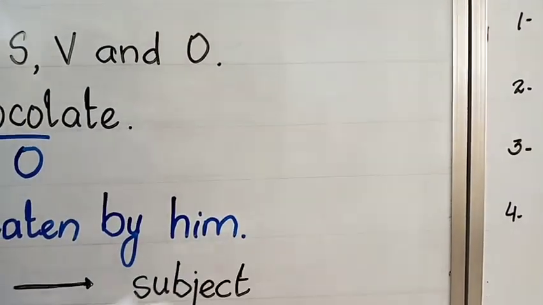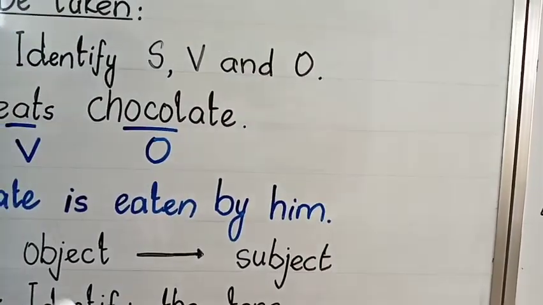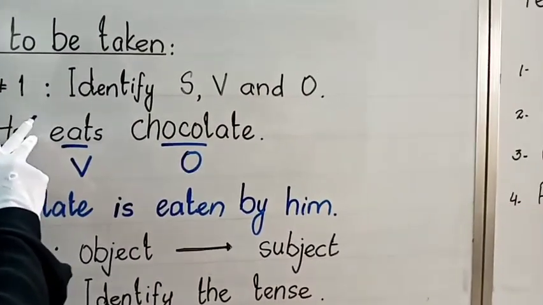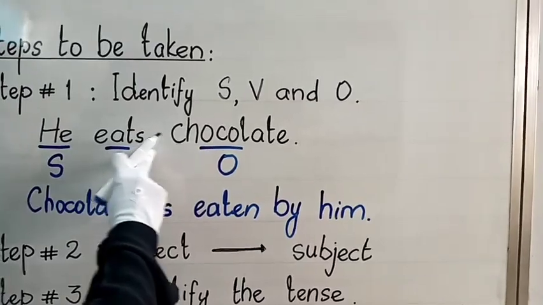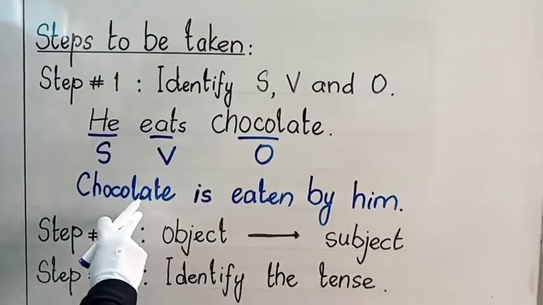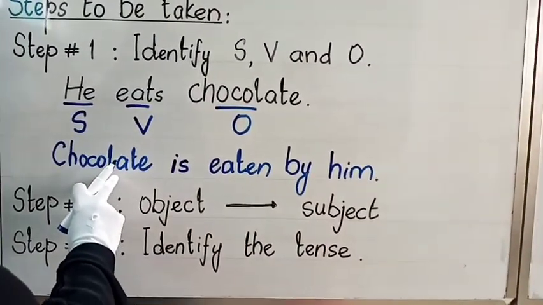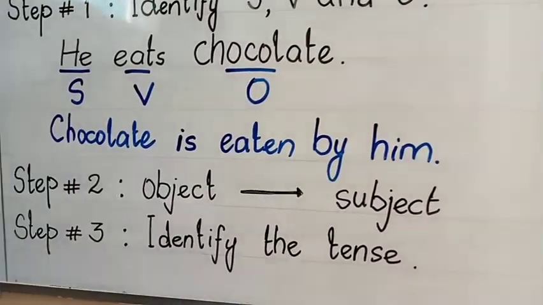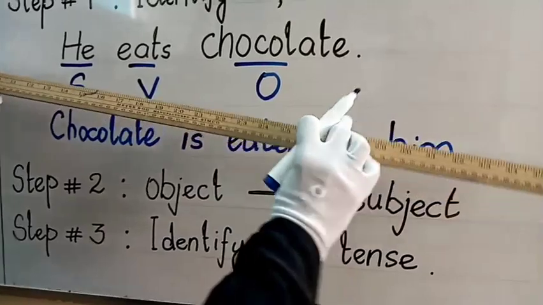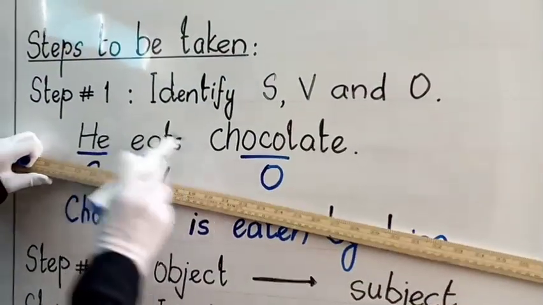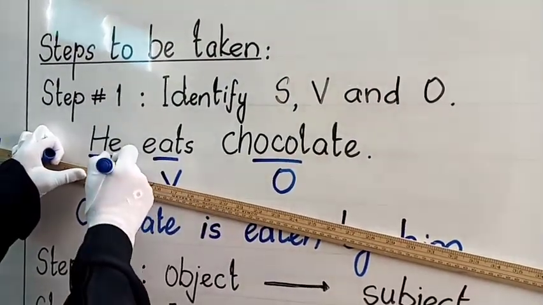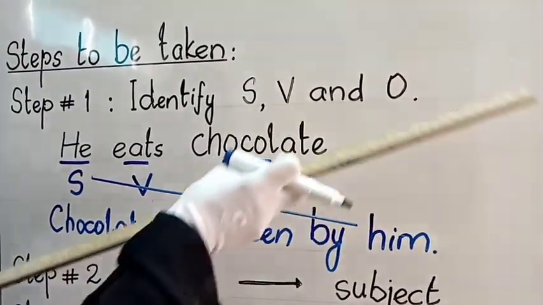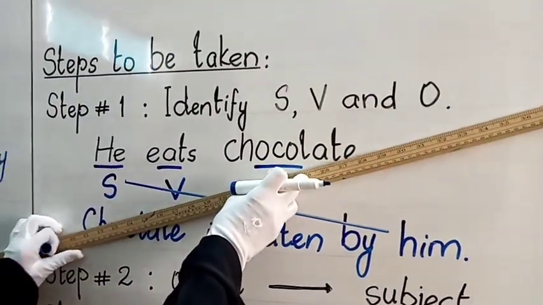So now this sentence has been changed into passive voice. The active voice of the sentence is he eats chocolate and its passive voice is chocolate is eaten by him. You can see that now subject has become object. Right? And object has become subject.